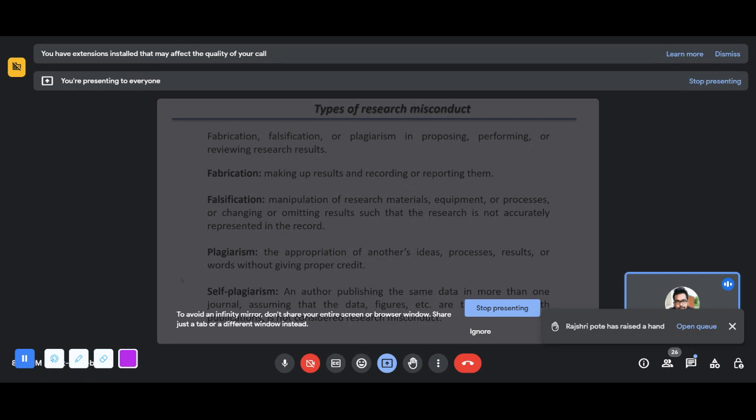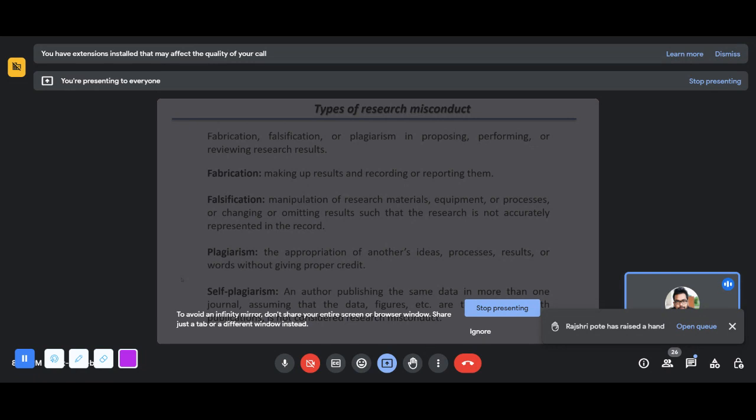Another problem that happens sometimes, sorry, in the plagiarism part, is that sometimes it is from the authors who are writing, but sometimes the reviewer also makes mistakes. They ask for credit that is actually not due, so they mention that you should refer to this particular journal.